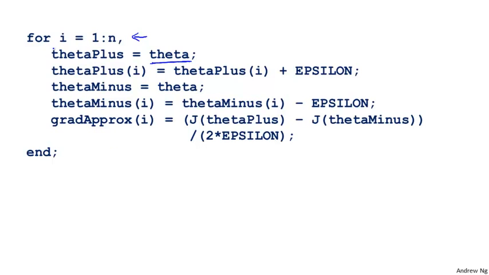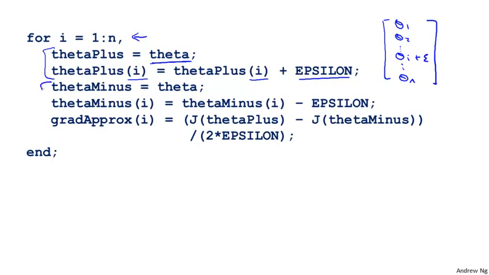I'm going to set thetaPlus equals theta, then increase the ith element of thetaPlus by epsilon. So thetaPlus is basically equal to theta except for thetaPlus i, which is now incremented by epsilon. So thetaPlus is equal to theta 1, theta 2, and so on, and then theta i has epsilon added to it, and then I go down to theta n. So this is what thetaPlus is.